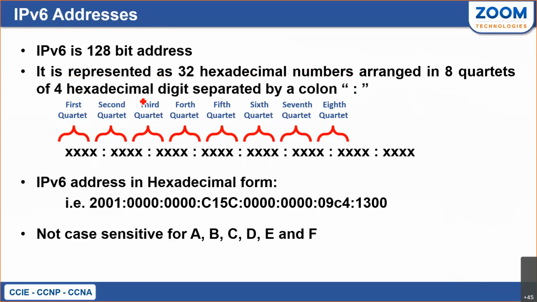Second quartet, third quartet, like 8 quartets. Example of an address. It is not case sensitive for A, B, C, D, E, F. We can use small a also, or capital B also, capital C also, like D, E, F. They're not case sensitive. You can use upper and lower, anything.